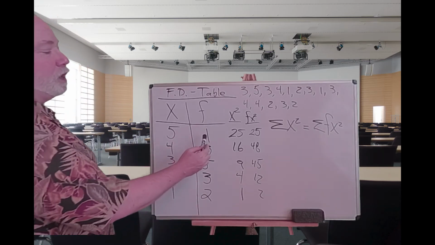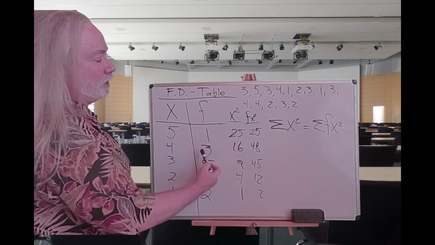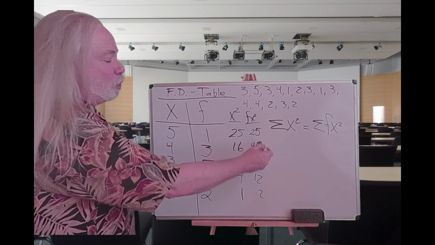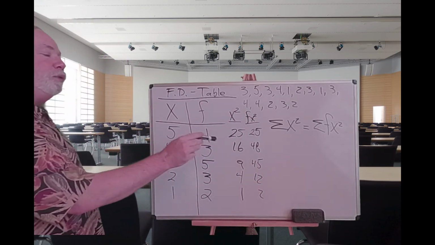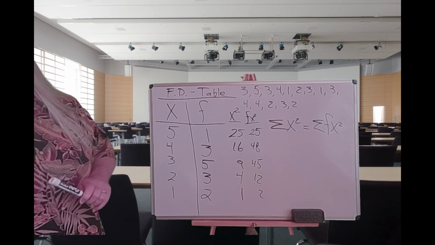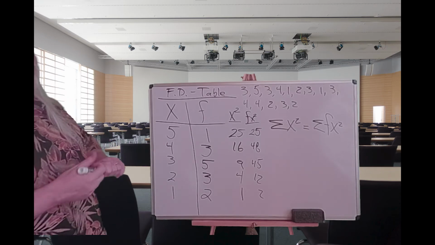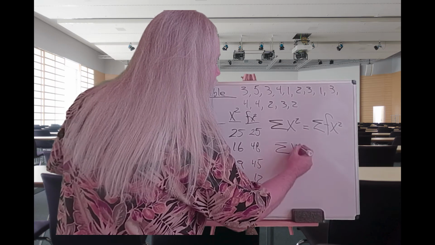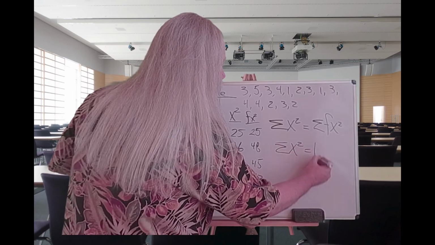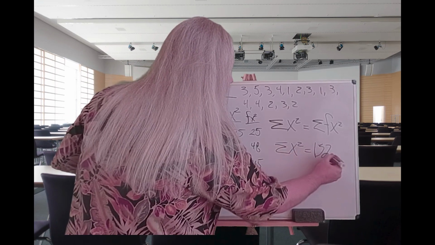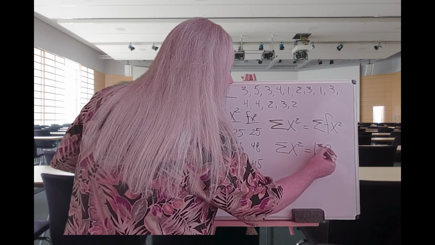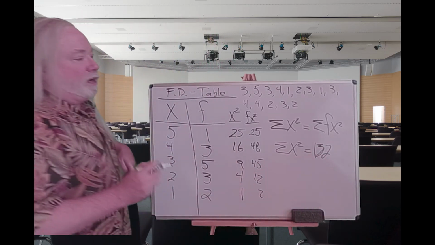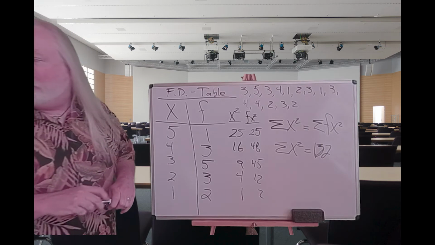So now we have multiplied the frequencies times the squared values. And now we sum those up. So 25 plus 48 plus 45 plus 12 plus 2. And what you should get here is... Oops. Board rocking on me. 132 is what I'm trying to write there.